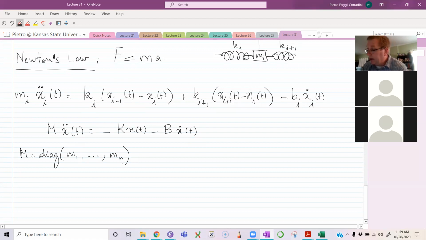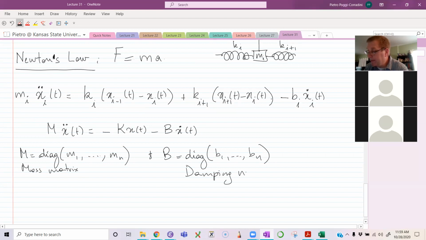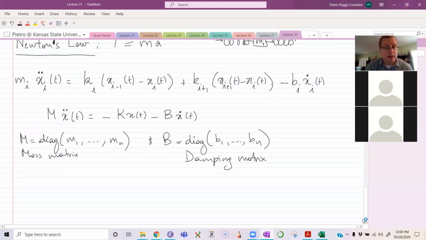And B is the diagonal matrix. Okay, so that's the mass matrix. And this is the damping. And then K, you need to work a little bit harder for that. It's called the stiffness matrix.